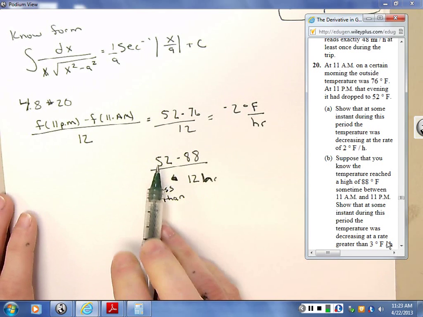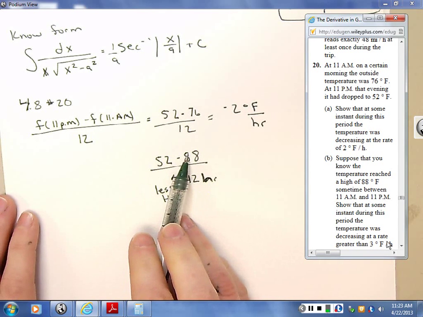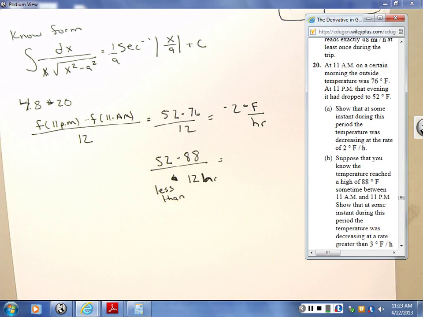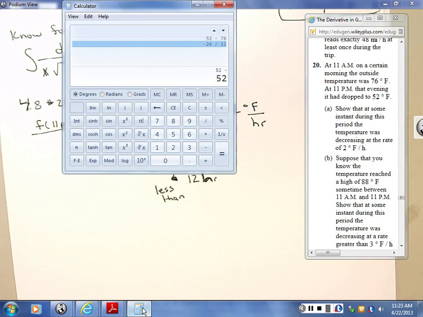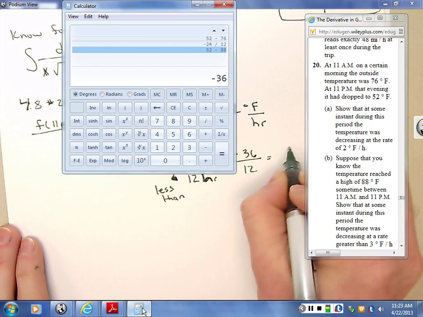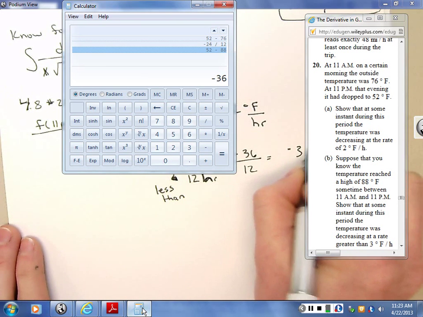The difference between the ending temperature and the high is 52 minus 88, which is minus 36. If I let it be the full 12 hours, this is minus 3 degrees Fahrenheit per hour.